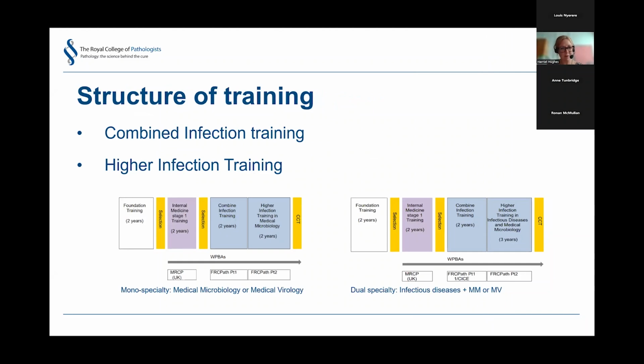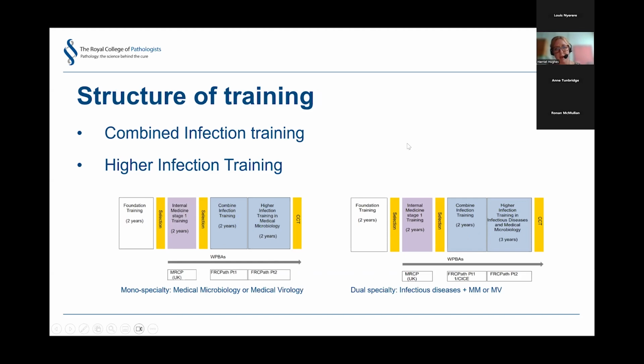So you'll be quite familiar with this slide. Combined infection training, whichever pathway you're on, is for 2 years. On the left, we've got the mono-specialty micro and virology. So entry after IMT2, 2 years of combined infection training, and then 2 years of your higher training. And then on the right, you've got the same process, but 3 years of higher infection training.